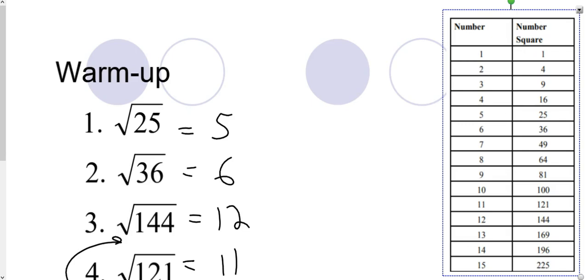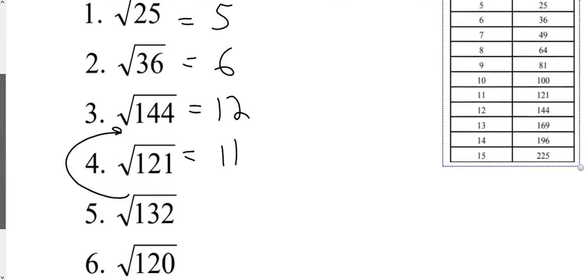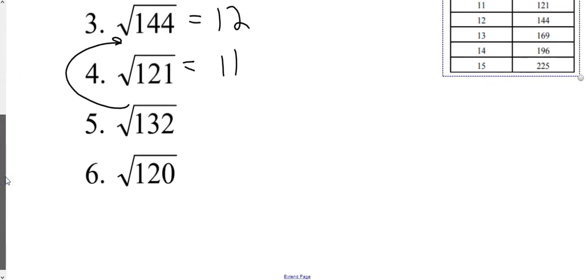How about 16? 132 divided by 16 is 8.25. How about 132 divided by 9? Nope. How about 132 divided by 4? 33. That's our answer. So what we're going to do here is break this down.